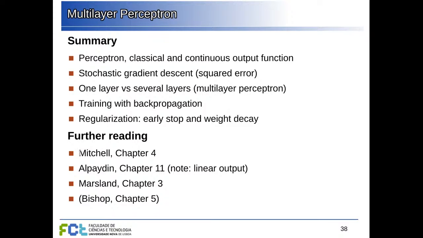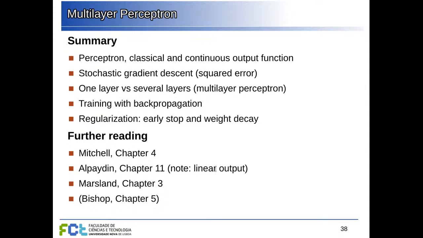So I recommend that you read these chapters. Mitchell's book is rather old, but it has a very good explanation of backpropagation. So you can take a look at that. It has the actual pseudocode. It's easy to understand. Alpiden, if you read this chapter, you must take note that this one is assuming that the output of the network is linear.